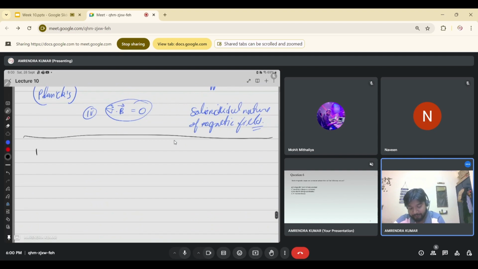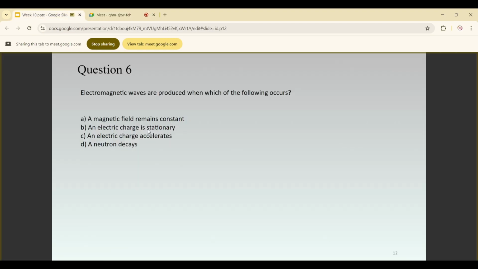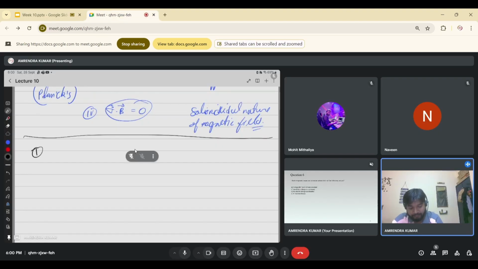But we can eliminate the option that a magnetic field remains constant. If the magnetic field remains constant, del cross E will be minus del B over del t. But we know that del B over del t, the change with time, should not change. That means the derivative will be zero.